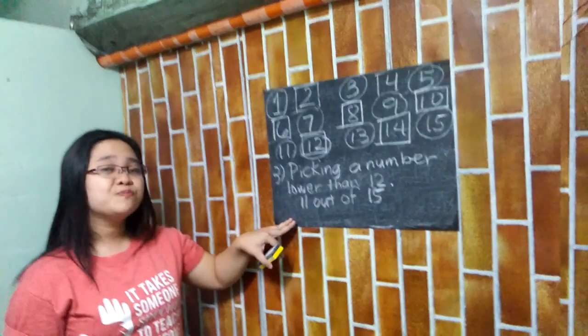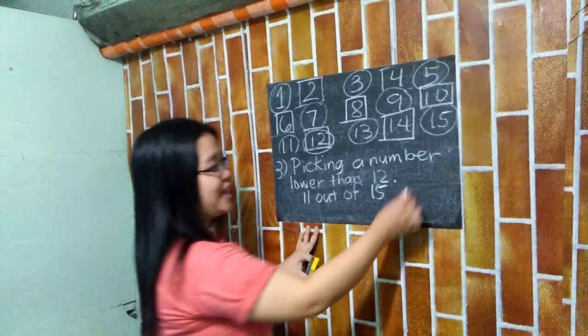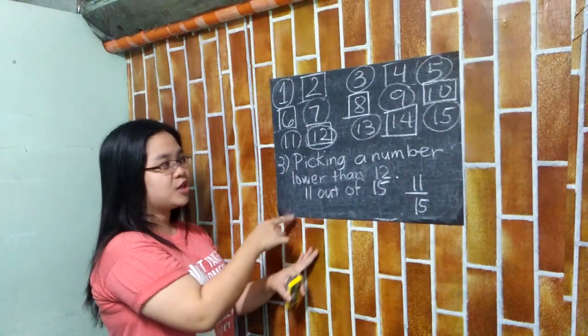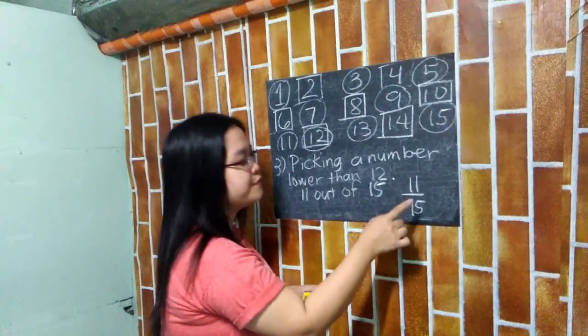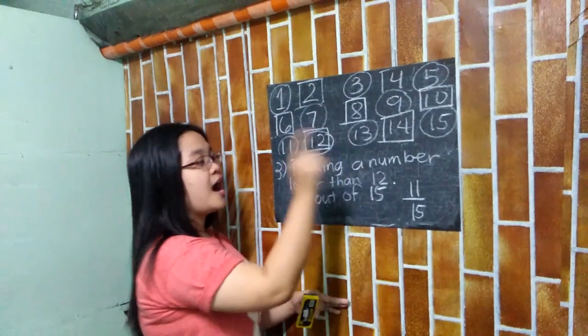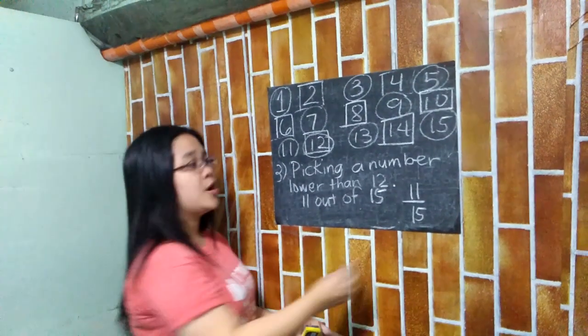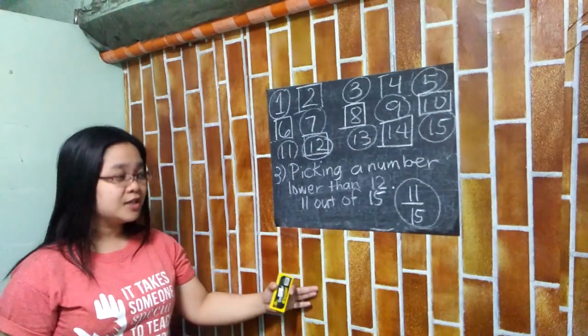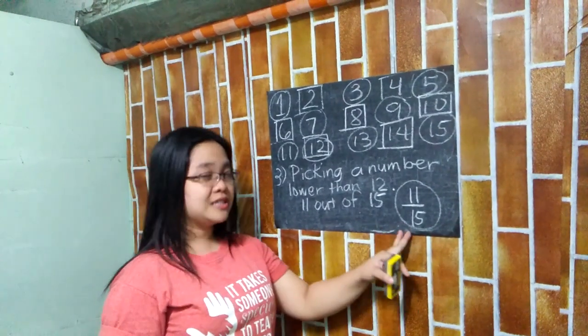So what is its probability? So we have 11 over 15. 11 as the favorable outcome and 15 as our possible outcome. Do we have a common factor for 11 and 15? None. So we don't have to get its lowest term.